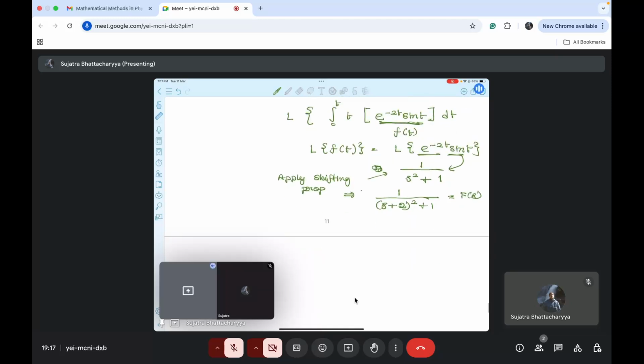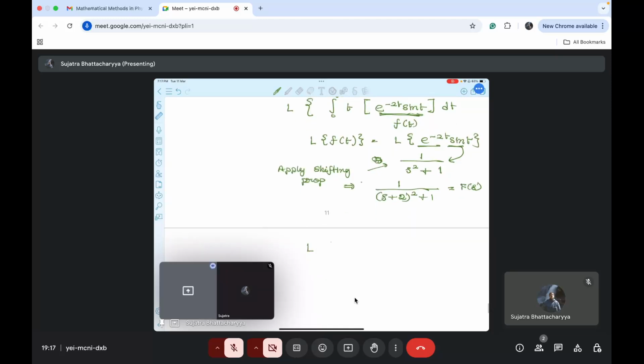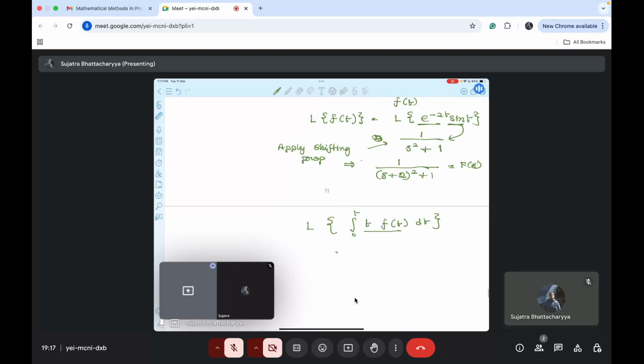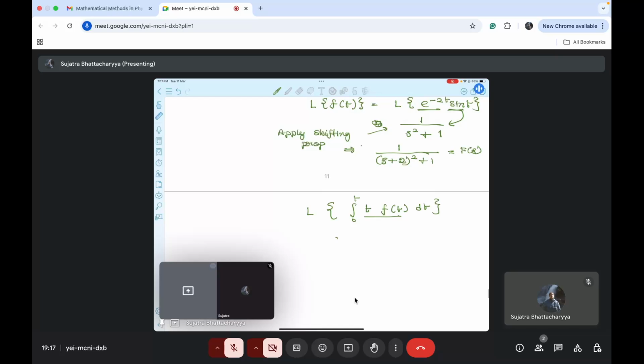Excellent. So now you have the integral from 0 to t of t times f(t) dt. Let's do the Laplace transform of this, because we can write this as the Laplace transform of t into f(t). So how to do that?